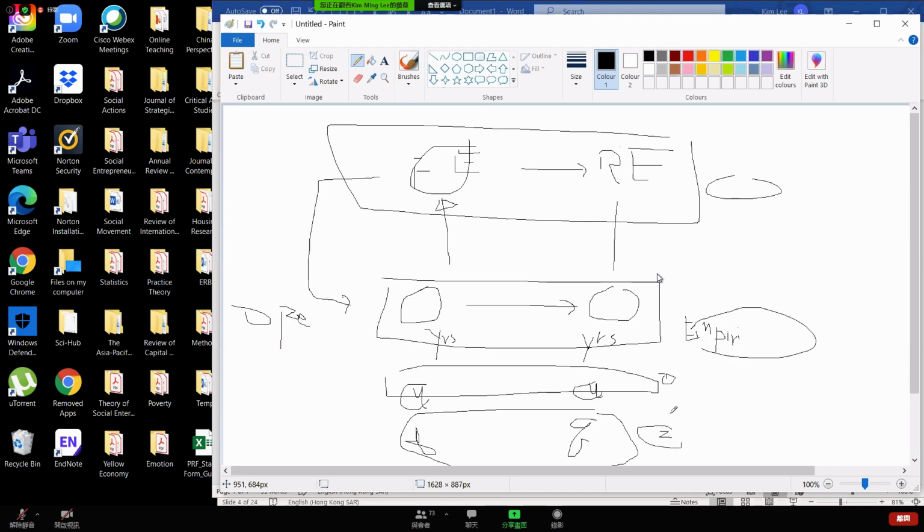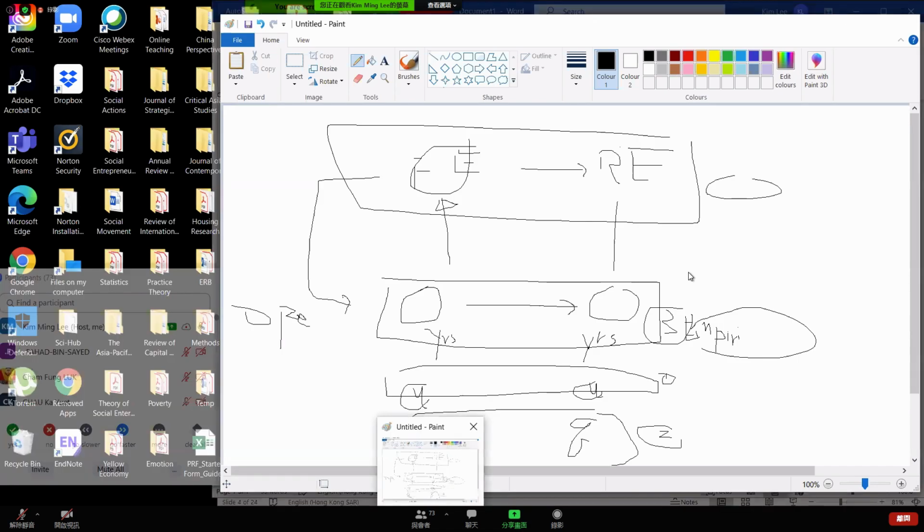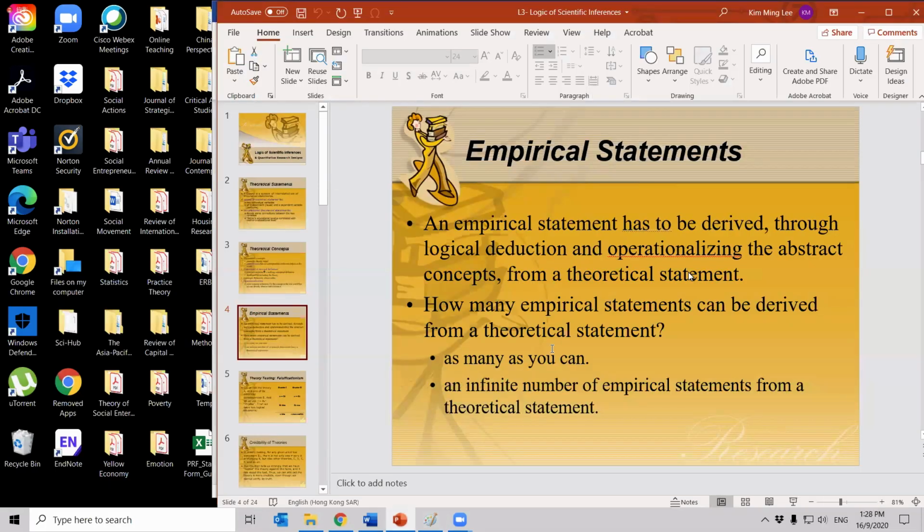They are derived from the same theoretical statement. These three empirical statements are actually referring to the same theoretical statement. Actually, you can derive more by asking different questions. So that means there can be an infinite number of empirical statements from a theoretical statement.